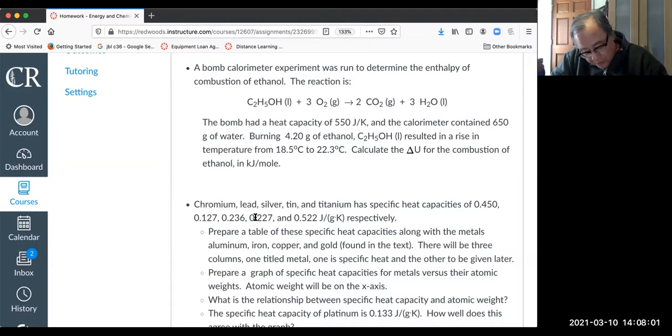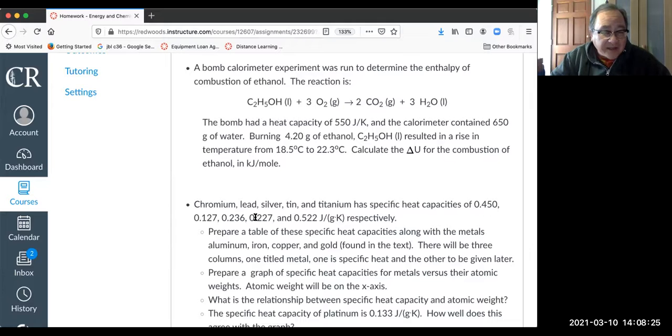We have 4.20 grams of ethanol. And we have a change in temperature: it ended at 22.3 degrees Celsius and it started at 18.5 degrees Celsius.